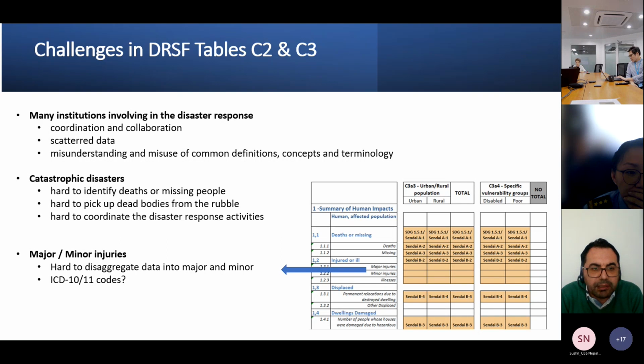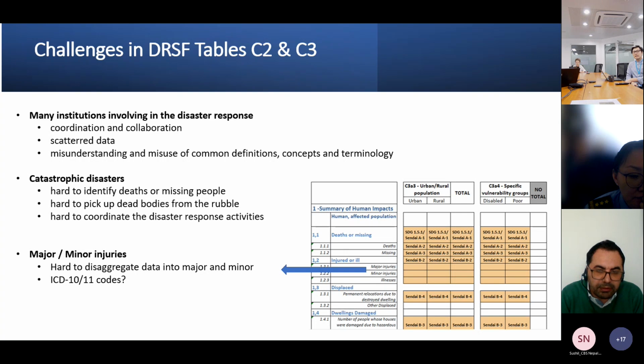Also, tables C2 and C3 ask for the number of major and minor injuries as a disaggregation of injured people, which is hard to determine, I think, because the records of the injured people from a disaster are kept at hospitals or other health units in Turkey.